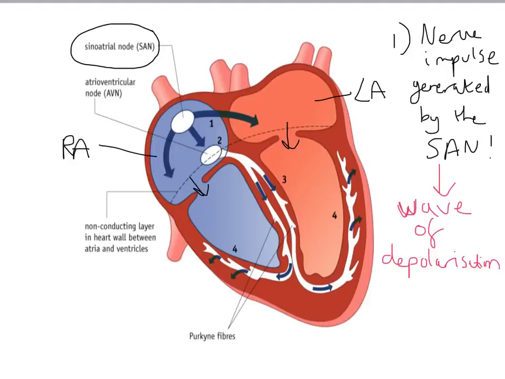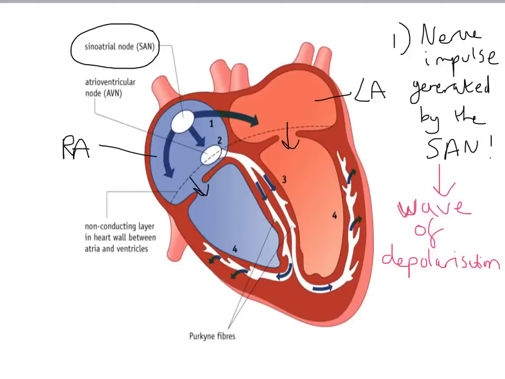So we're just going to take it as this wave of depolarization, or this impulse, spreads across both of the atria, causing them to contract. So as number one happens, as the sinoatrial node triggers a nerve impulse that spreads across both atria, the atria contract and they push blood down into the ventricles.